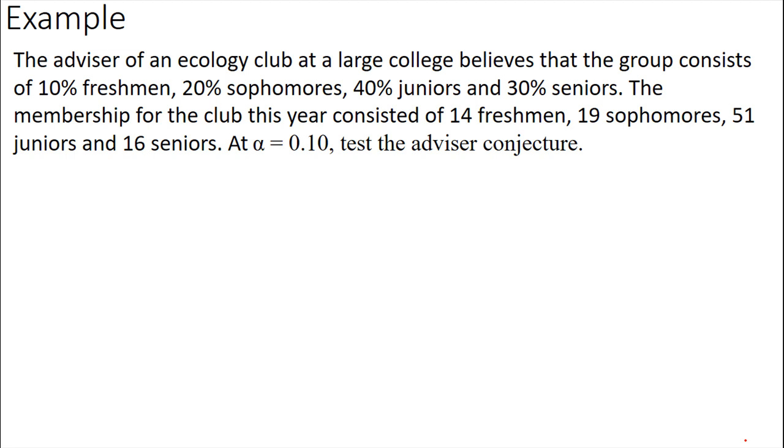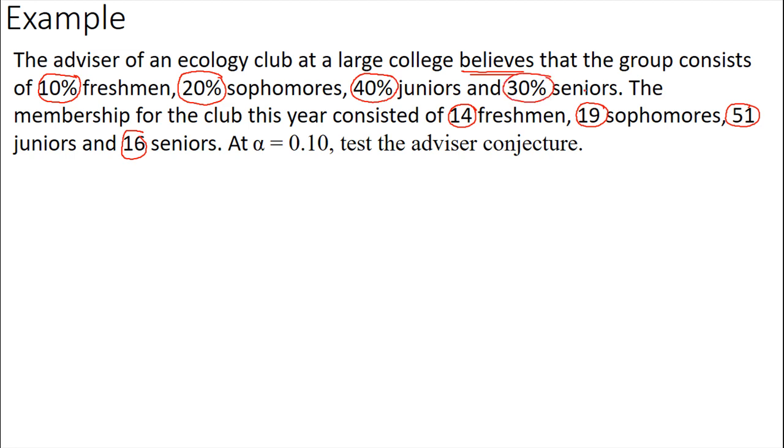Okay, so this is the observed value. And what is the predicted value? The predicted value is what the advisor believes. So he believes 10% of the total number is freshmen, 20% of the group is sophomores, 40% are juniors, and 30% are seniors.